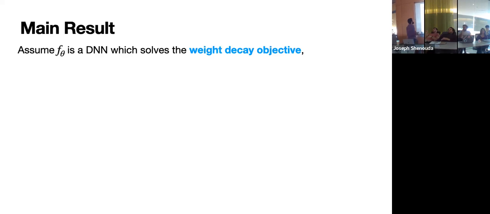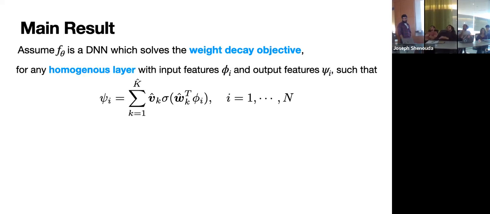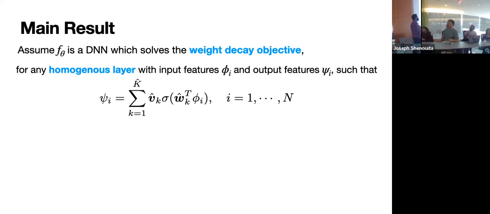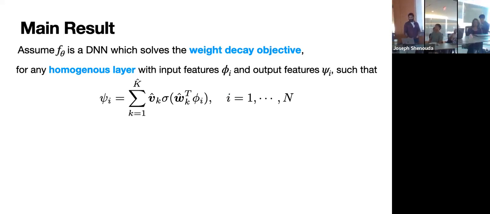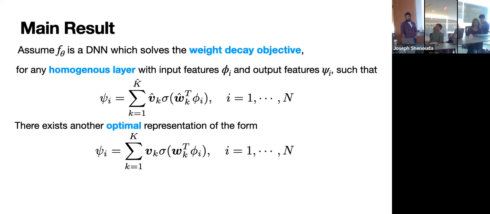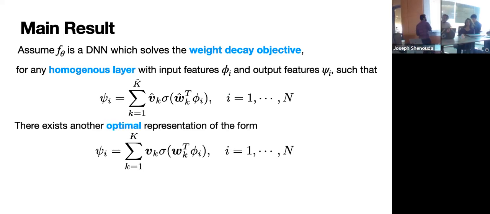So let's assume F theta is a deep neural network and it solves the weight decay objective. Then for any homogeneous layer with input features phi and output features psi I, such that I have this input-output mapping for every single training sample in my data set, there exists another optimal representation.